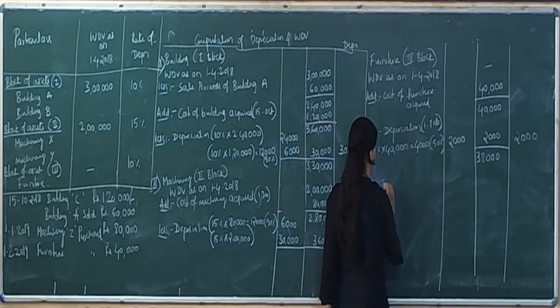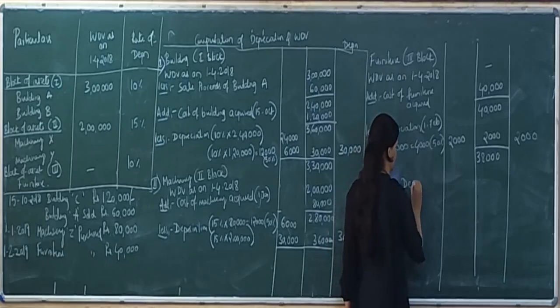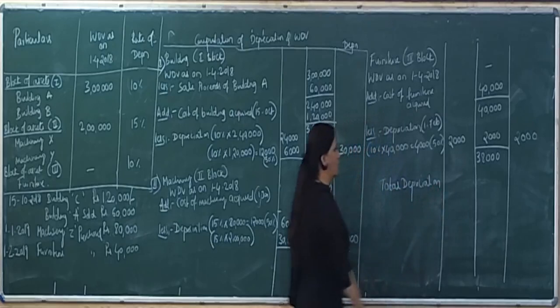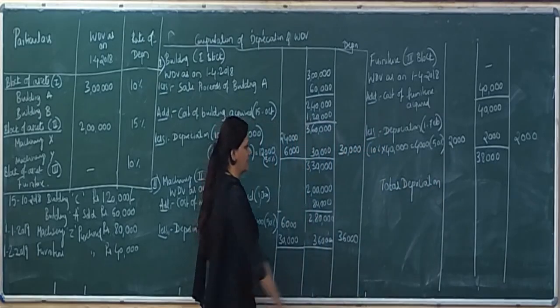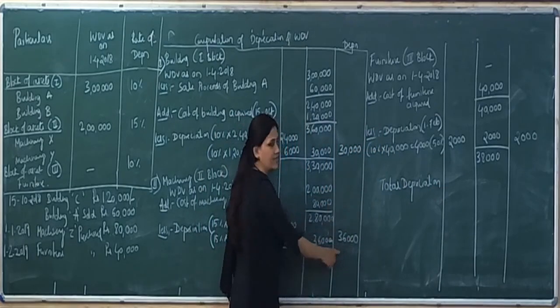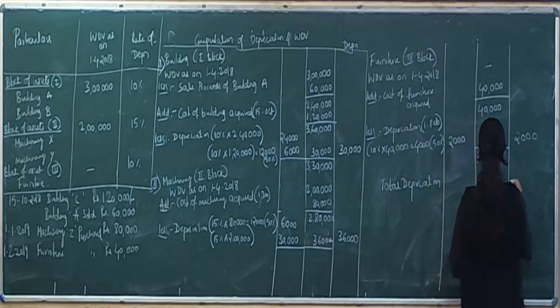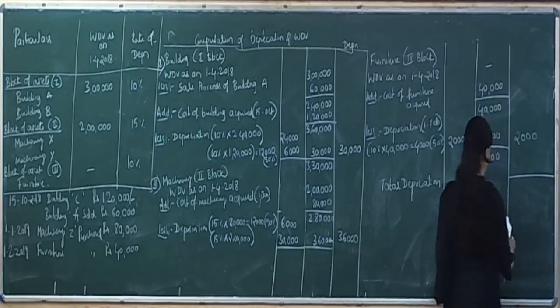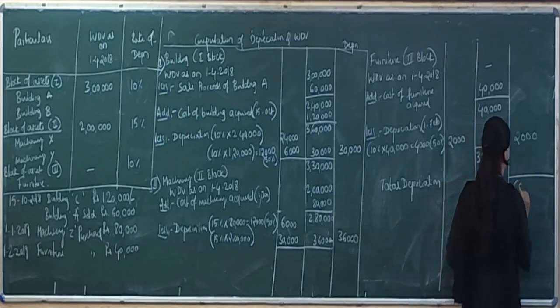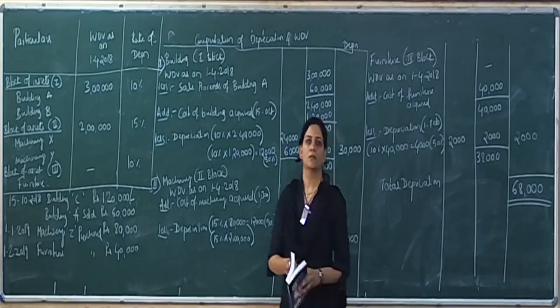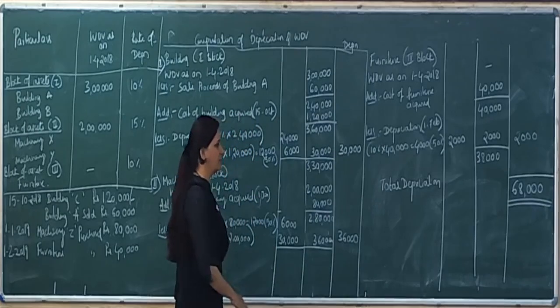Okay, so we can now add total depreciation. Go on adding all the depreciation, that is 30,000 plus 36,000 plus 2,000, that comes to, right.